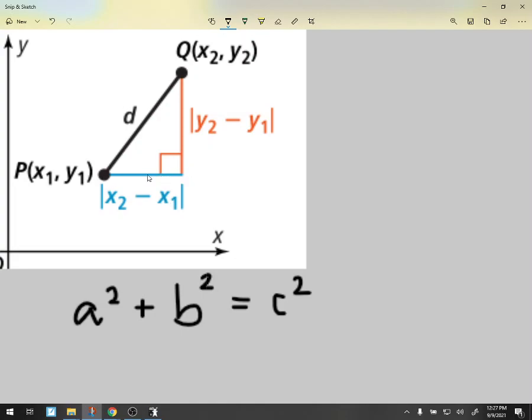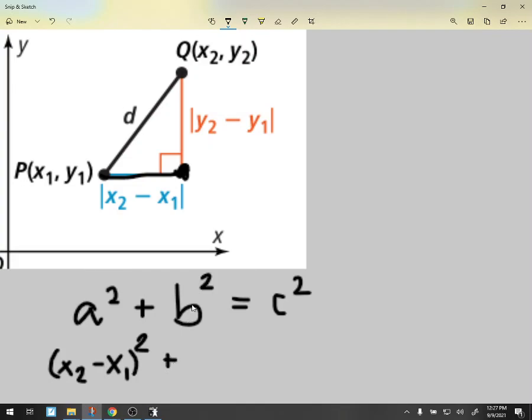A is from here to here, right? It's just your second x minus your first x, because it lines up with that point down there. So we just say it's your second x minus your first x, and then there was a squared outside.